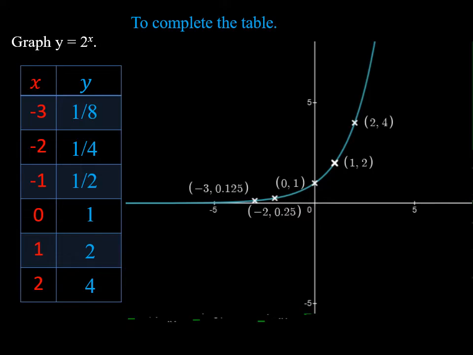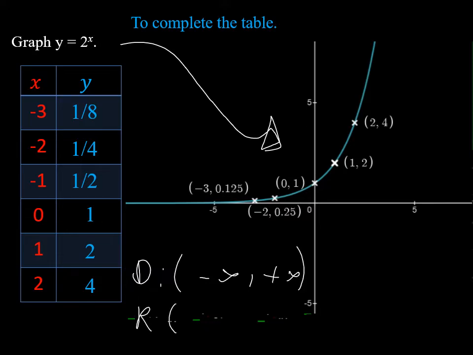So this is the graph of y equals 2 to the power x. Again, the domain is negative infinity to positive infinity, and the range is 0 to positive infinity. Keep in mind, y equals 0 is the horizontal asymptote.